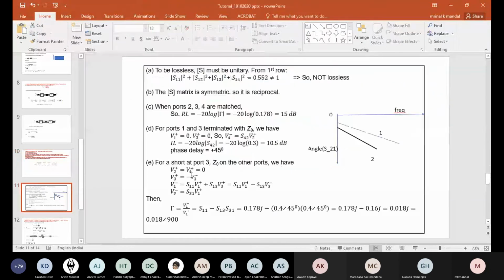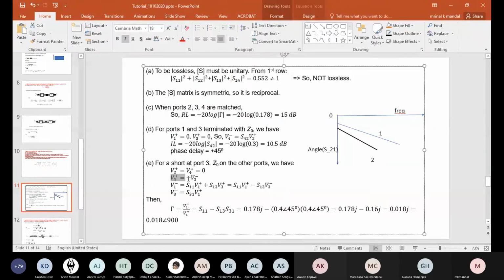Sir, over there we have not defined plus S33 V3 plus. Sir, shouldn't there also be a term plus S33 V3 plus?